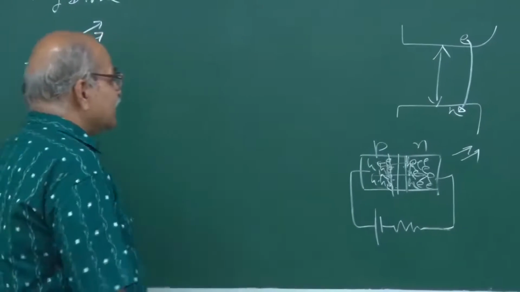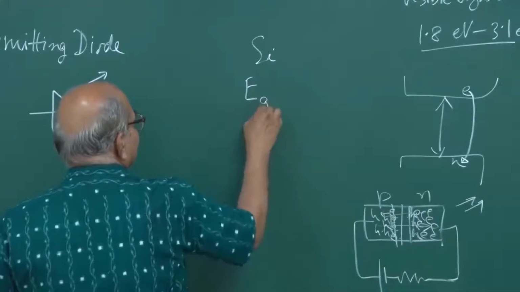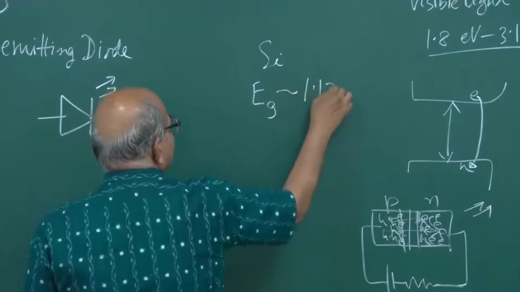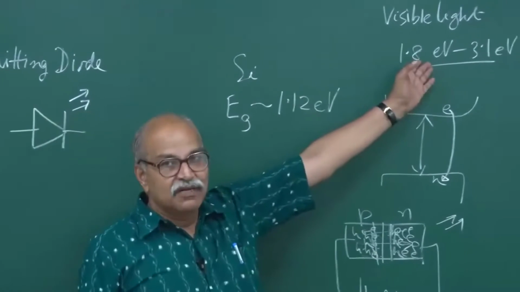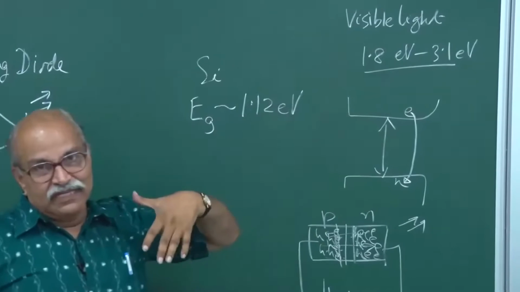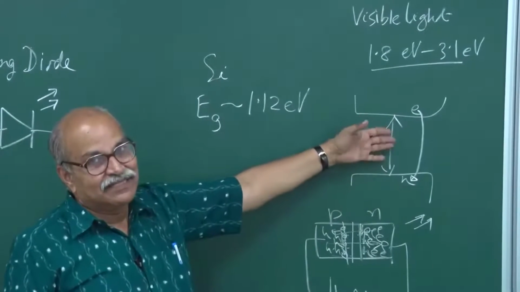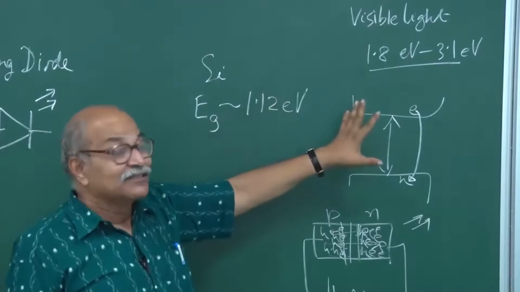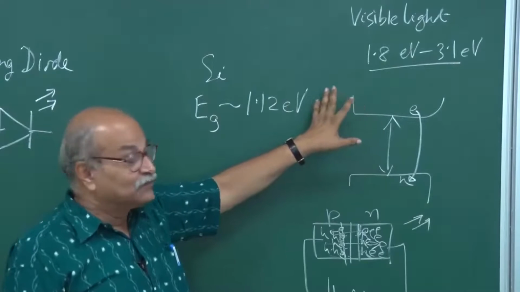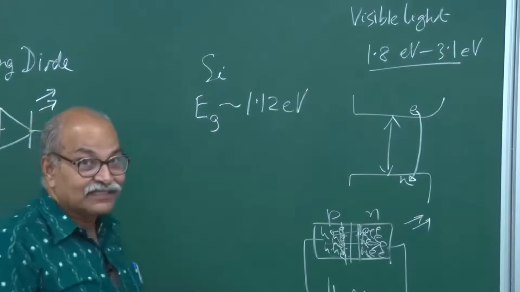The one obvious reason is that for silicon the band gap is around 1.12 eV, and this is not in the visible range. So, even if there is a recombination and a photon is emitted, that will not be in the visible range. But a more severe restriction comes from something else.